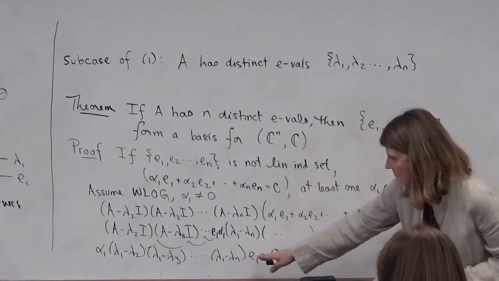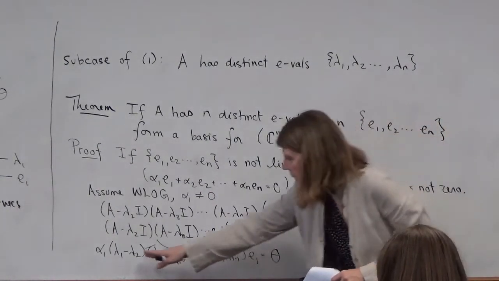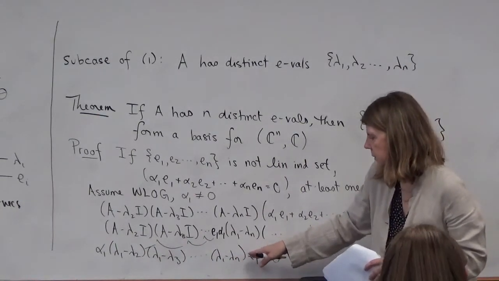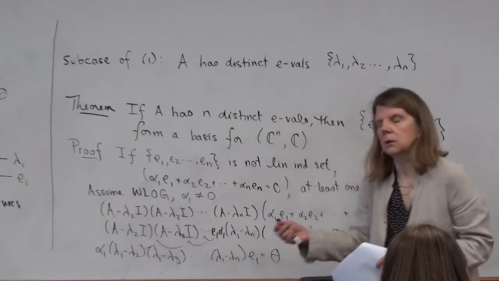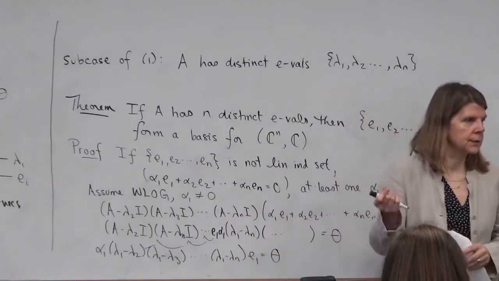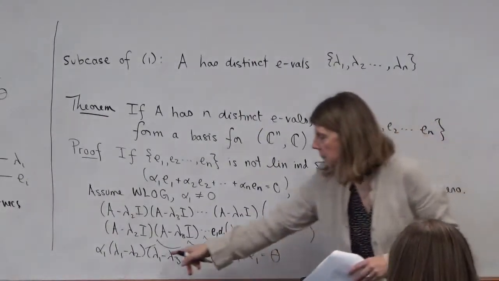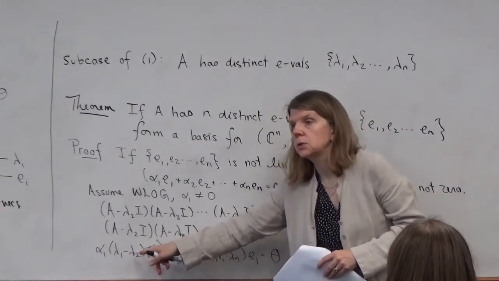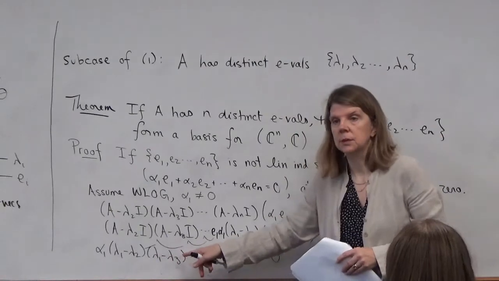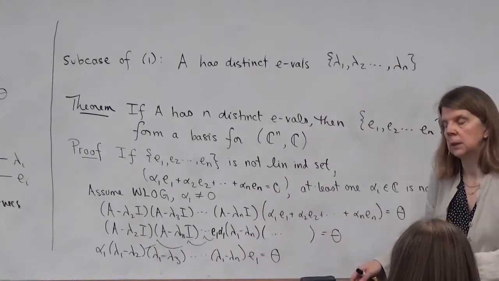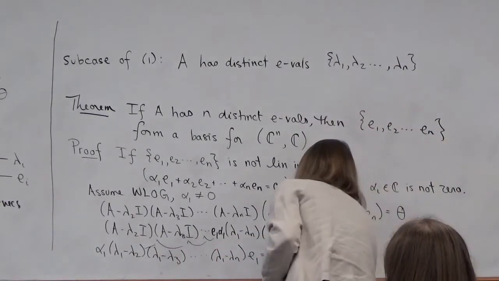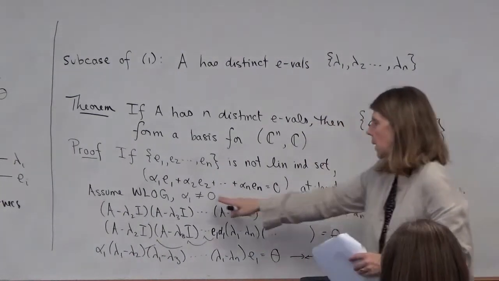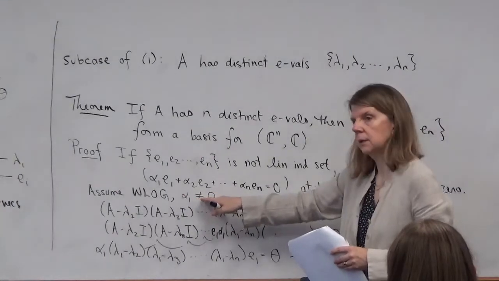So now you see you derive the contradiction, because on the left-hand side, I have all these terms. So E1 is not the 0 vector, and then I have all these scalars which I know are not 0. By assumption, alpha 1 is not 0, but also by assumption, the eigenvalues are distinct. So lambda 1 minus lambda 2 is not 0. Lambda 1 minus lambda 3 is not 0, etc., etc. Okay, so here I derive a contradiction, and I've derived it assuming without loss of generality that it's the alpha 1 that's not 0.